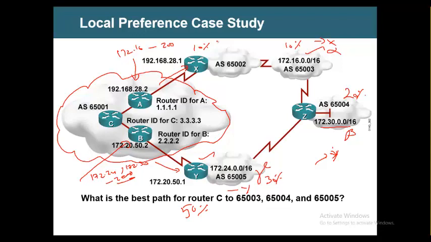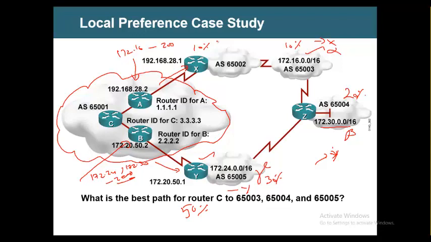Via X. Now, what is the percentage of traffic going to 172.16? Only 10. The other two networks, 172.30 and 172.24, we decided to send via Y. Correct or not? What is the percentage of traffic? So, from the hop count perspective, we are pressurizing Y more and putting very little pressure on X.